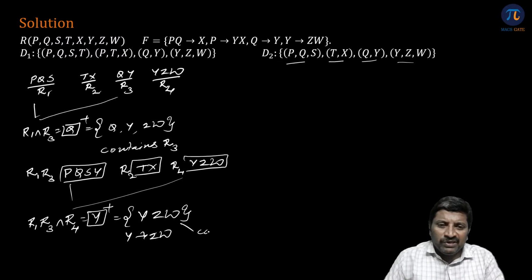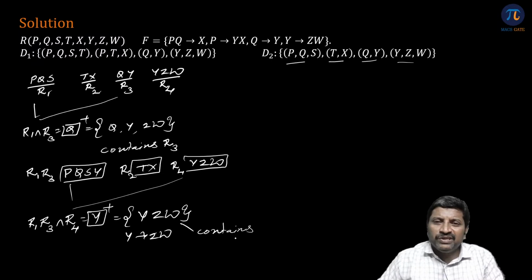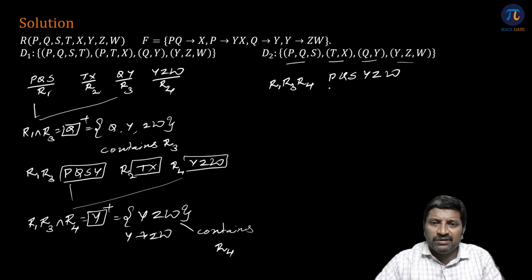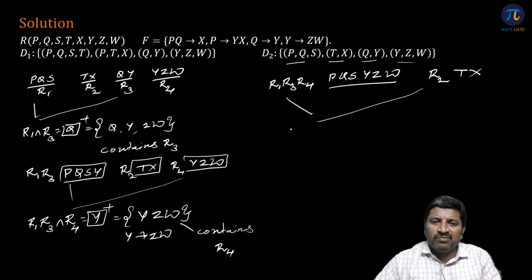Anyway, we got R4. So let us combine R1, R3, R4: P, Q, S, Y, Z, W. What about R2, PX? Sir, please observe it. Is there any common attribute? No common attribute.